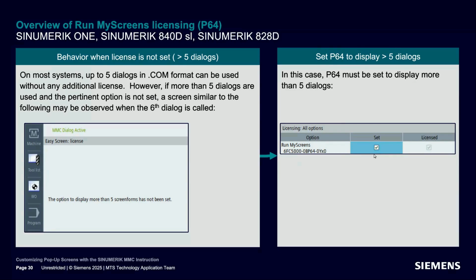I would say that, like all other options or most other options from Siemens, before you go ahead and license it and buy it, you can activate a test license to see if it's going to meet your application. So if you're happy with it and you know it's going to do what you need, at that point, you can contact your preferred Siemens sales channel and get the option.